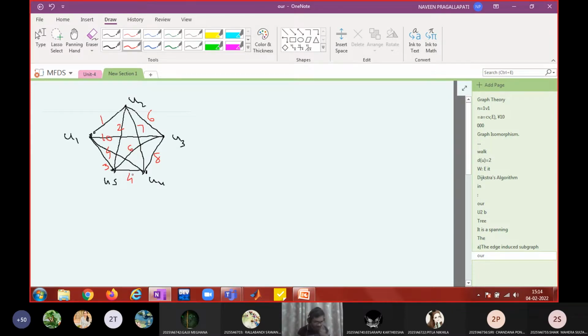Did we cover all the edges? See once. Did I assign weights to every edge or not? Let me give some names to edges also.